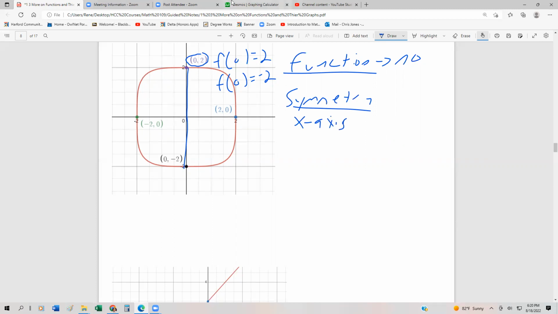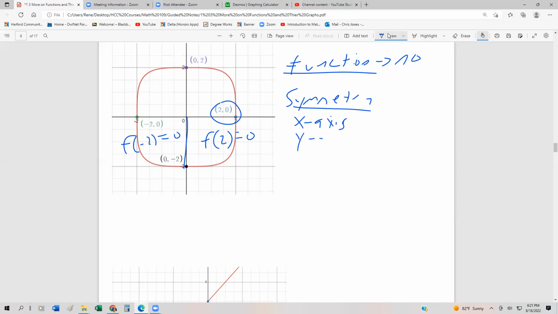For the y-axis, it looks like that there's symmetry there as well. Because if we look at the graph, there's this point, which is f at 2 is 0, but also f at -2 is 0. And that follows the exact rule that if we plug in a negative x, we get the same value for y. So it certainly looks like that there's symmetry about the y-axis as well.